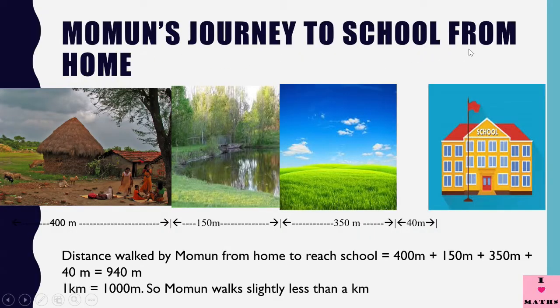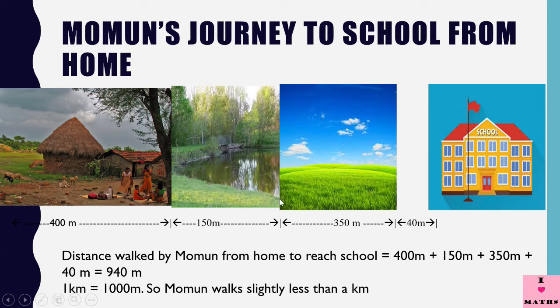Momon's journey to school from home. This is a problem from your textbook. Momon goes to school daily from home. He walks a distance of 400 meters through the village. Then he has to cross a pond which is 150 meters wide.